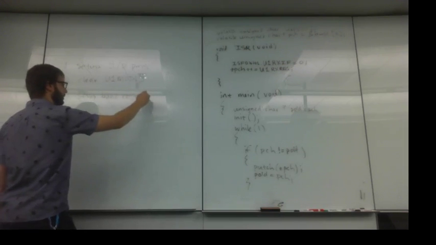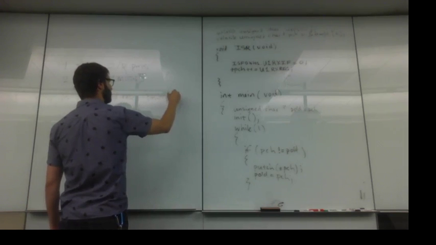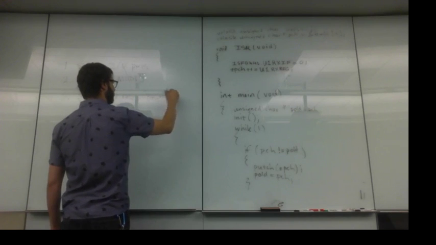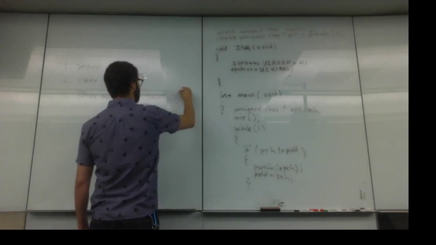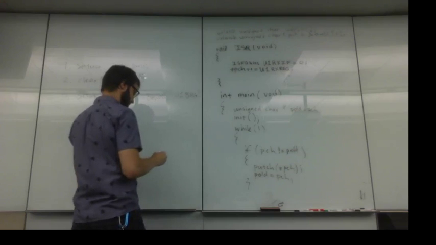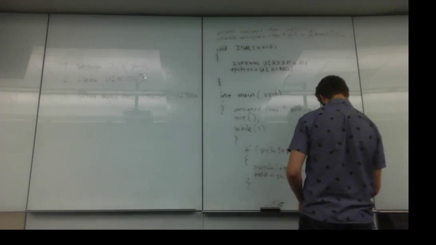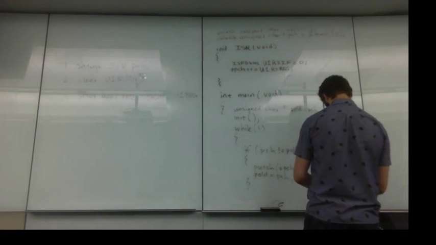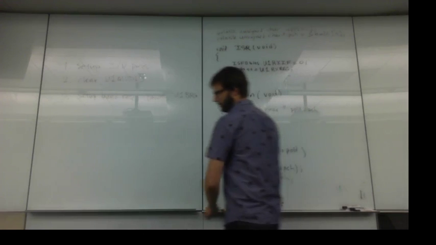So that's the BRGH bit and the U1 BRG register. Alright, I'm gonna find a better black marker.